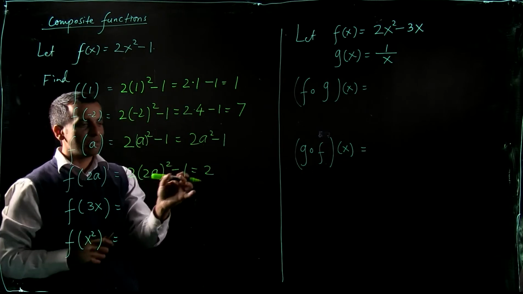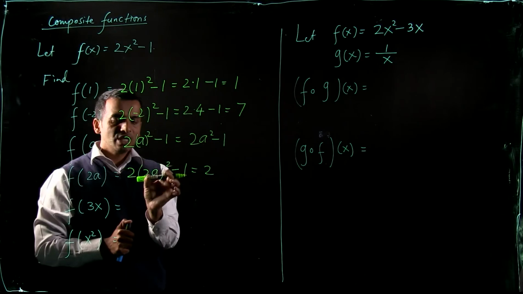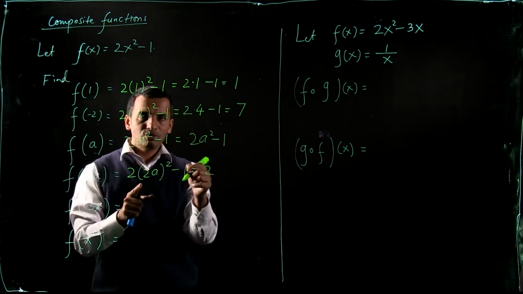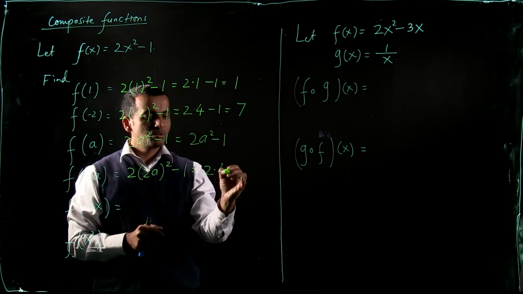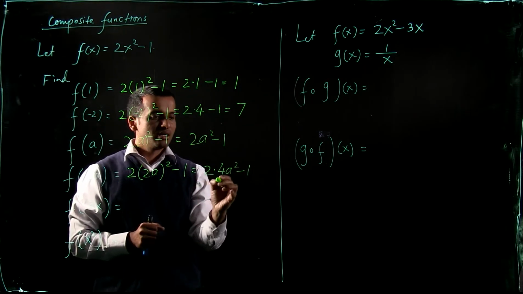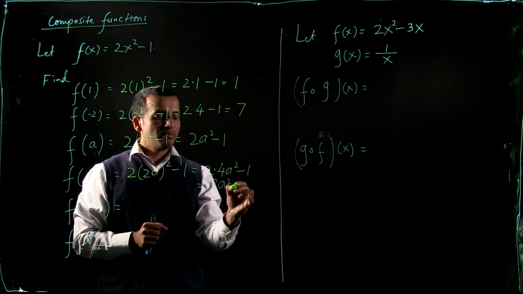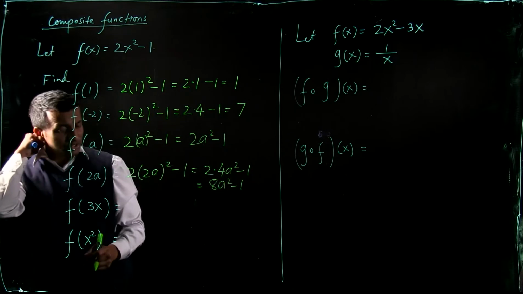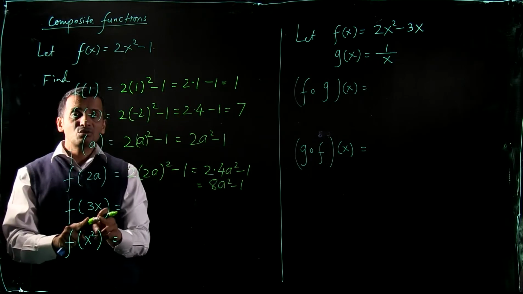So parenthesis squared means 2a times 2a, which is 4a squared. Then 2 times 4a squared minus 1. So you get 8a squared minus 1. Make sense?